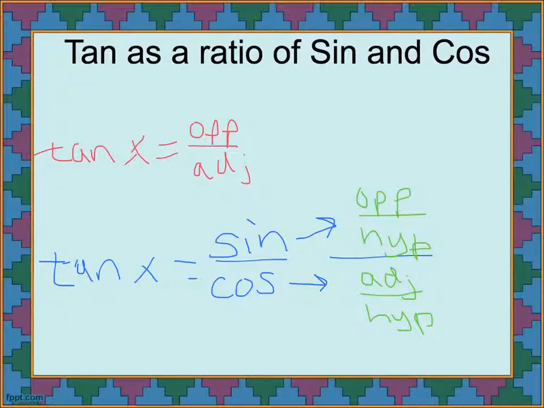We get that sine is opposite over hypotenuse and cosine is adjacent over hypotenuse. When we have a big fraction bar here, do we remember how, instead of saying divided by the bottom, we can rewrite it? Here's my top, and my bottom. We can write it as multiplying by the reciprocal instead of doing the division.